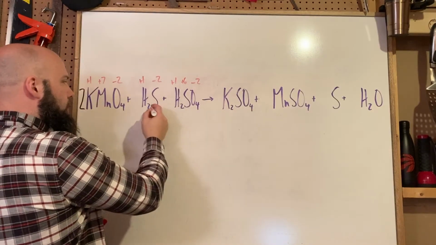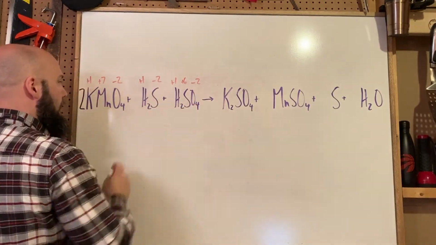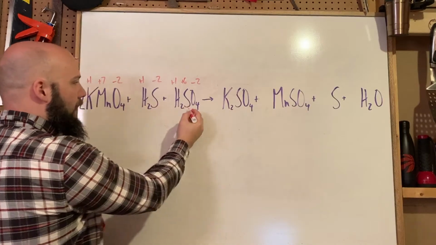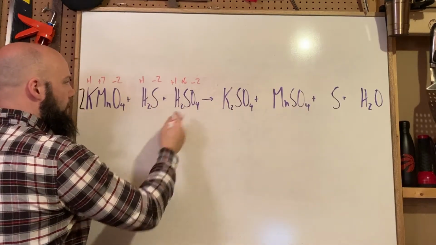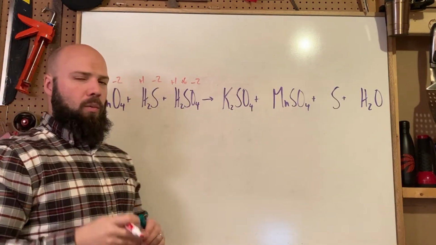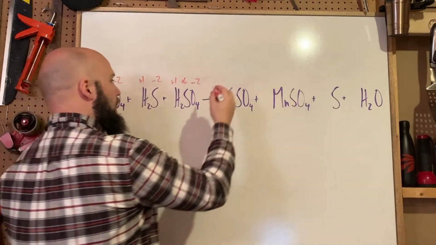You have sulfur existing here in dihydrogen monosulfide and in sulfuric acid with 2 different oxidation numbers, and that may be one of the reasons why this question is tricky.